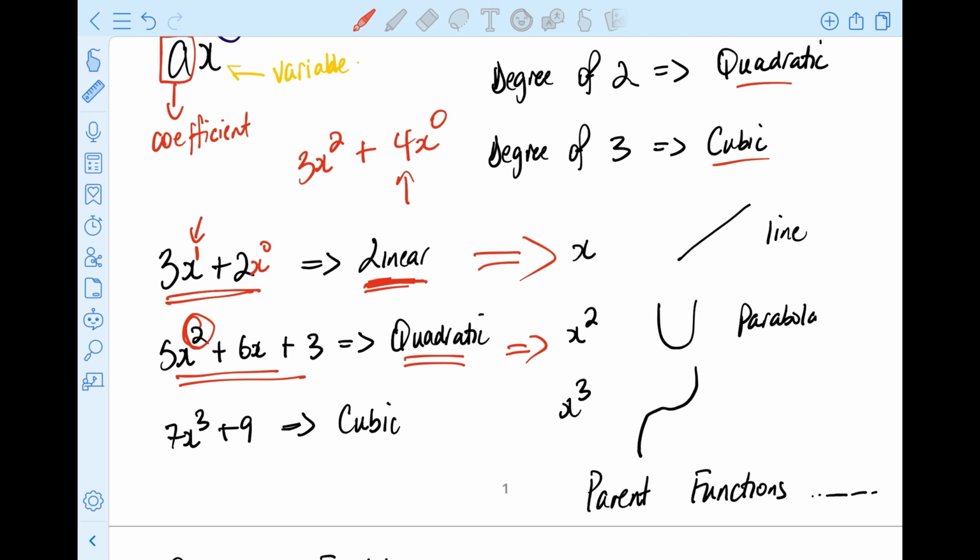Parabola, parabola, right? And parabolas open up or open down, okay? And then look at my third example. My highest exponent here is a 3, which means that it is cubic. And as you can see, this is what a standard cubic graph looks like, right?